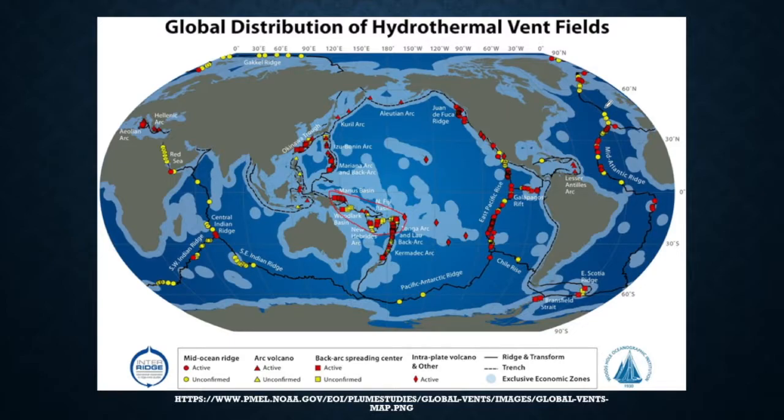Along a mid-ocean ridge they have the circles, and arc volcanoes, which are typically with convergent zones, are found in the triangles, and back arc spreading centers, which are also convergent, are in squares. What I really like about this figure is that the solid lines are ridge and transform faults, and the trenches are found with these dotted lines here, if you can see that.